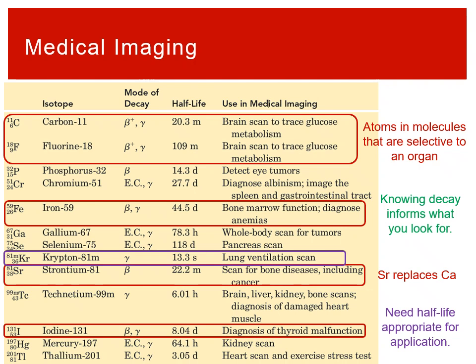So you need to use an isotope that has a pretty short half-life, right? 13.3 seconds. So when all the krypton gets into your lungs, it's emitting its gamma rays that can then be observed. And then when you breathe it out, that also corresponds. You breathe it out after it's done, so you're not necessarily that concerned about any sort of lasting effects. There is going to be some deposition, but you are going to breathe it out mostly.